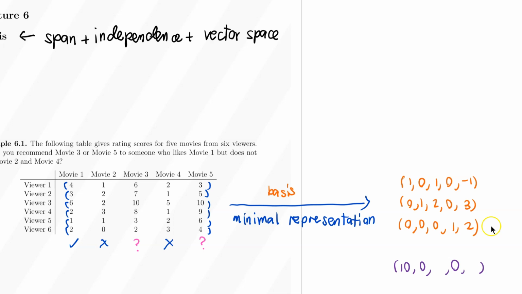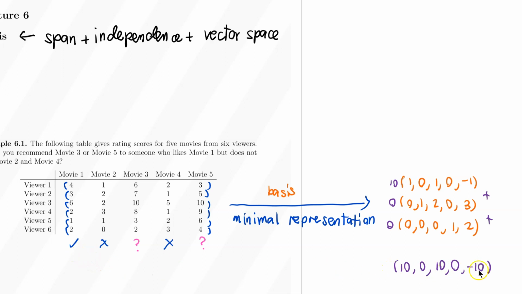I'm just going to multiply the first one by 10, the second one by 0, the third one by 0, and add these all together. And what I'm going to get is 10, 0, 10, 0, and negative 10. It's a little bit extreme, but this fits the person that we have in mind.